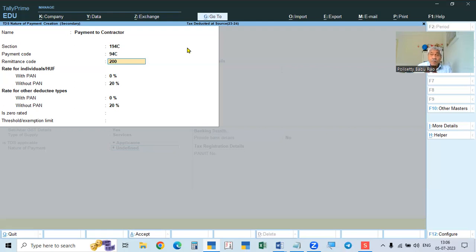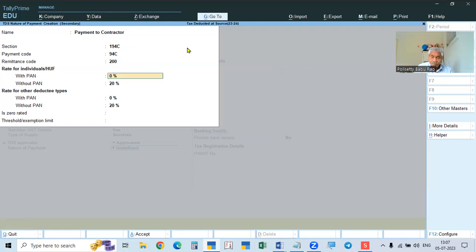If the government gives any notice or demand notice to make the payment, in such a case the remittance code will be 400. 200 means paid by the assessee, that is paid by us. 400 is paid as per the demand notice given by the government. But here, we are deducting and paying.